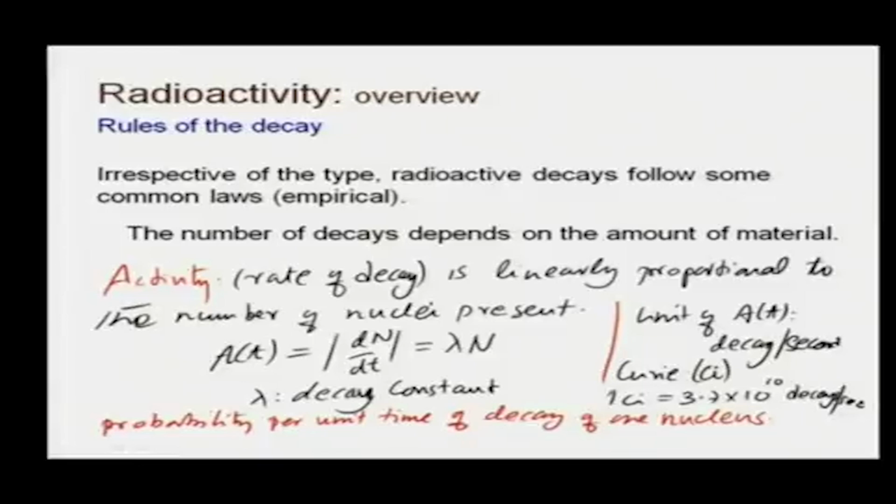This also tells us that radioactivity is a statistical phenomenon. If you take a particular nucleus, you cannot say when it will decay or how long it will live without decaying. What you can say is, if you have 1000 such nuclei, how many of them will decay in 1 second or 1 minute or some interval of time.